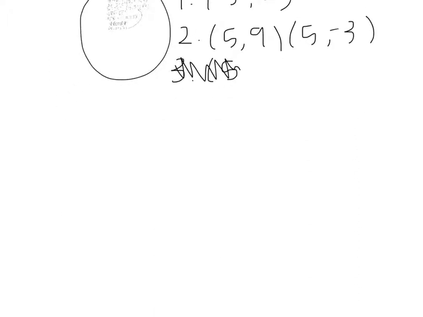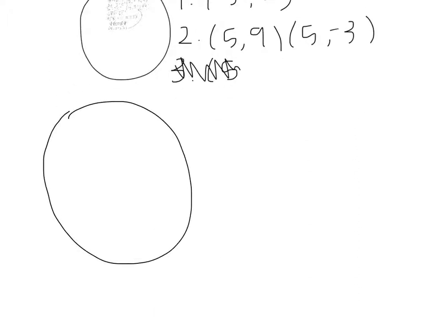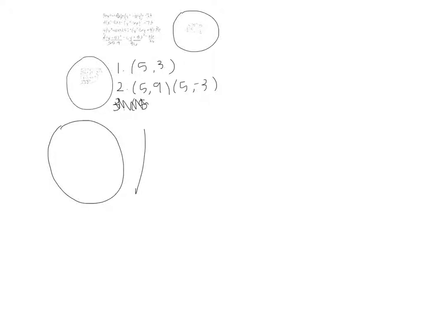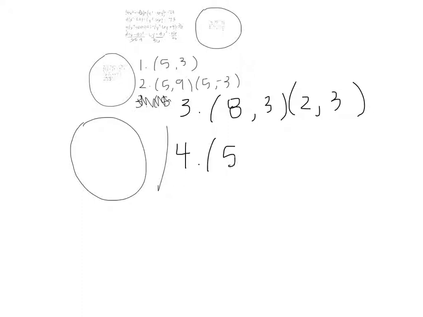Okay, 3 asked us for our minor vertices, not our foci. So 3 is going to be our minor vertices of 8, 3, and 2, 3. And then 4 asked our foci, which is 5, 3 plus 3 root 3, and 5, 3 minus 3 root 3. Okay, sorry if I confused you a little bit there.